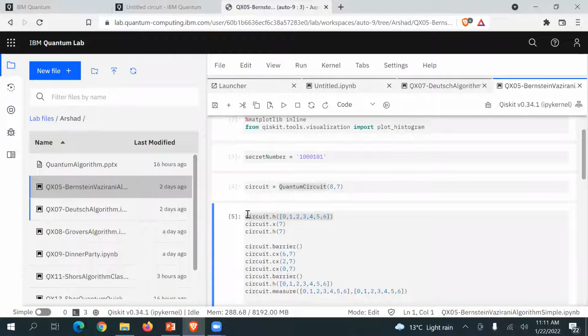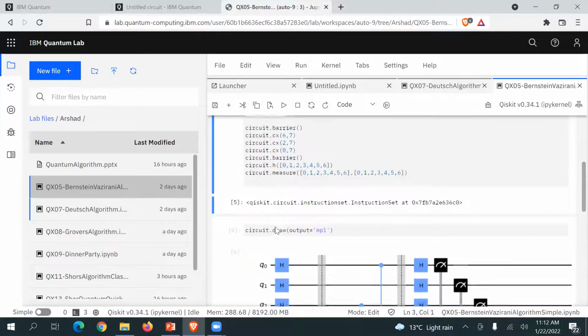The reason for applying the Hadamard gate is that we are pushing those qubits into a superposition state, so that it can start the calculation. Then on the last qubit we put a NOT gate, X gate, then again a Hadamard gate on top of that, and we put a barrier.